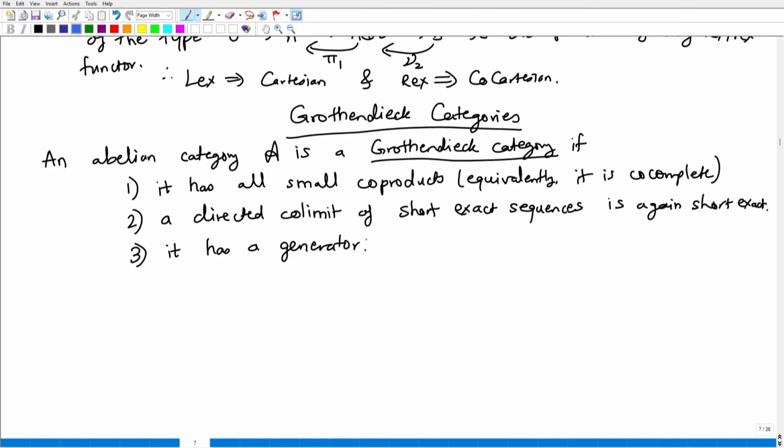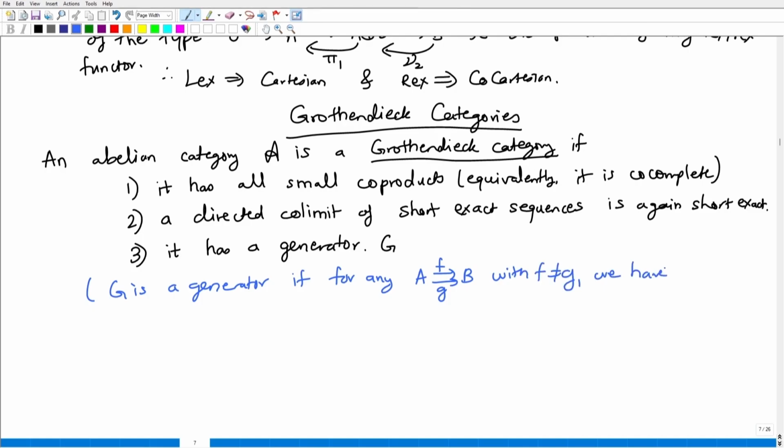So let us say G. Let me remind you of the definition, that G is a generator or separator, which is what I am defining, if for any parallel morphisms F, G with F not equal to G, we have a morphism H from G to A such that FH is not equal to GH.